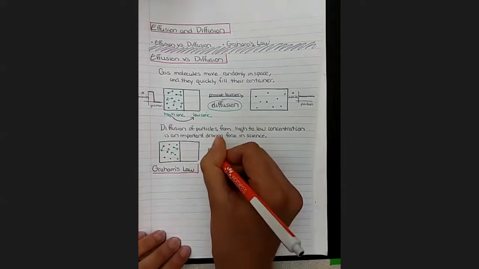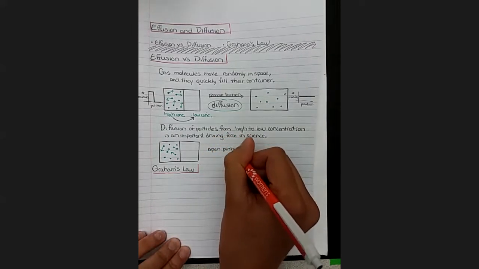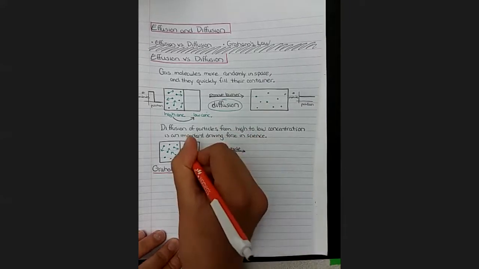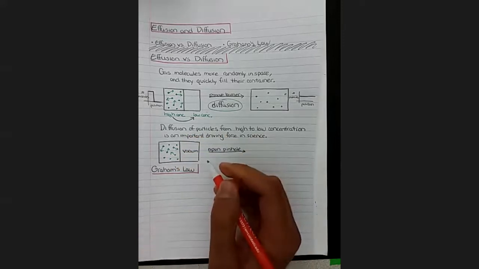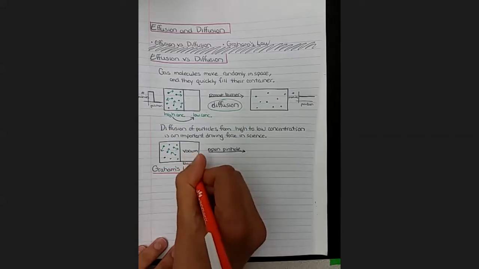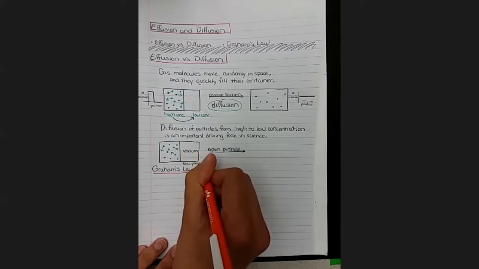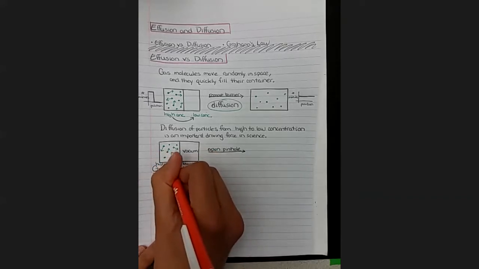And this time, instead of removing the entire barrier, let's open a pinhole, and that pinhole is into a part of the container that's under vacuum. So there's a difference in pressure. There's very low pressure on that vacuum side and high pressure on the other side.